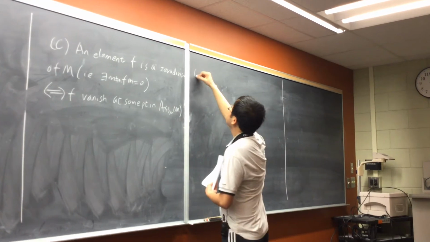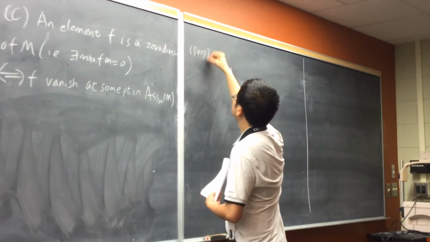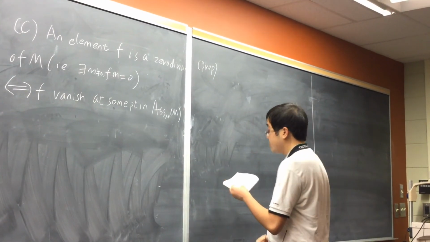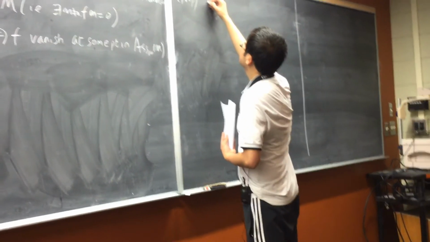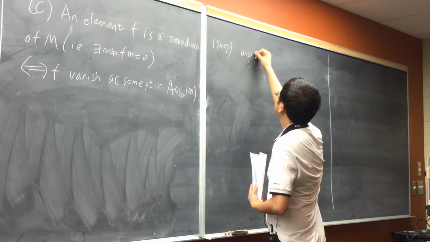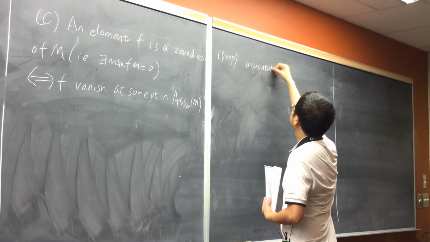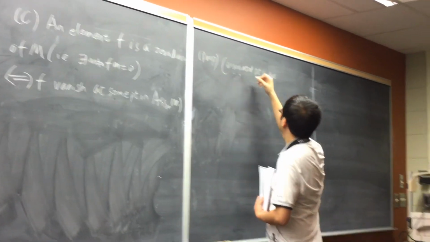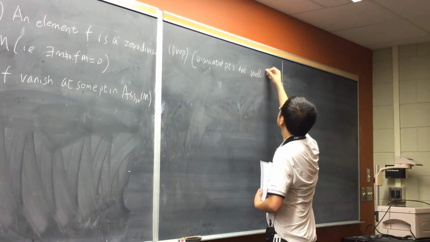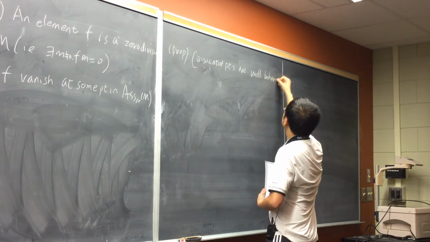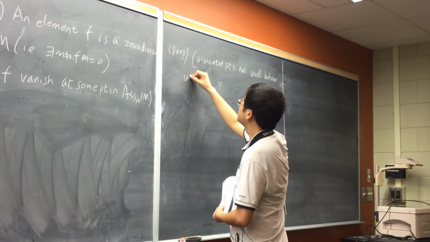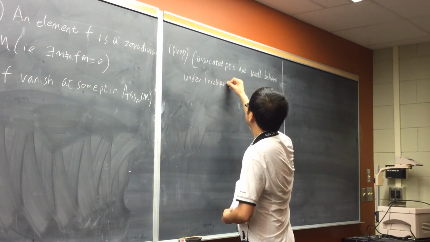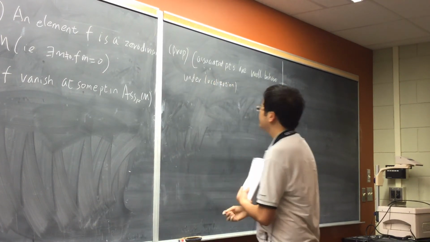So here is another important exercise, an important property. It says that the definition of associated point is well-behaved under localization.